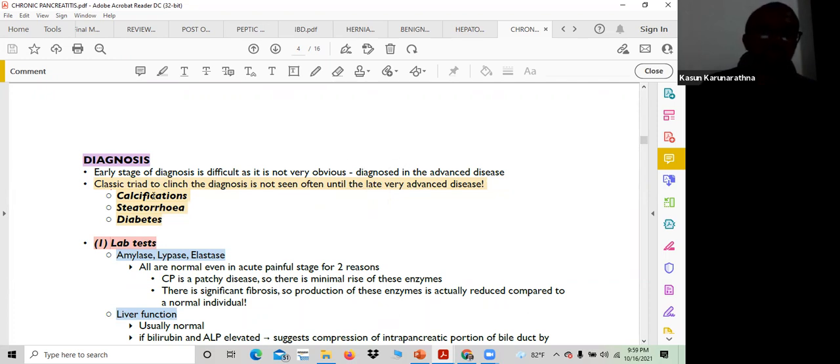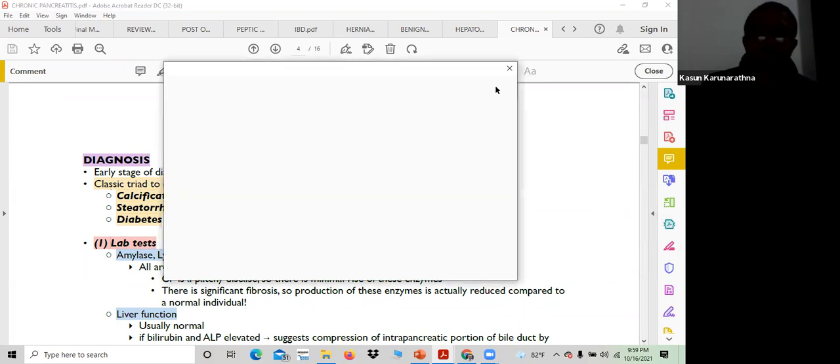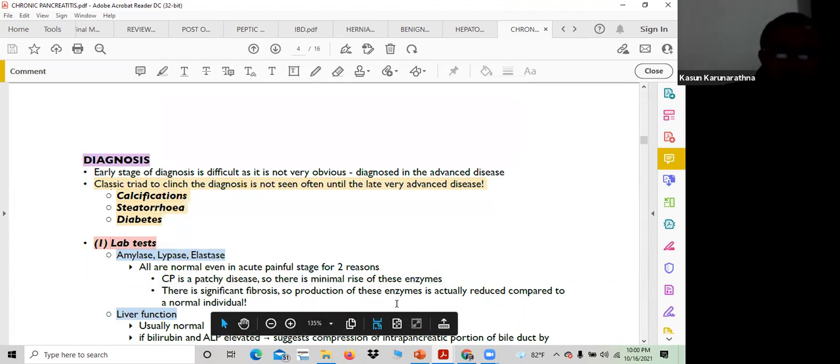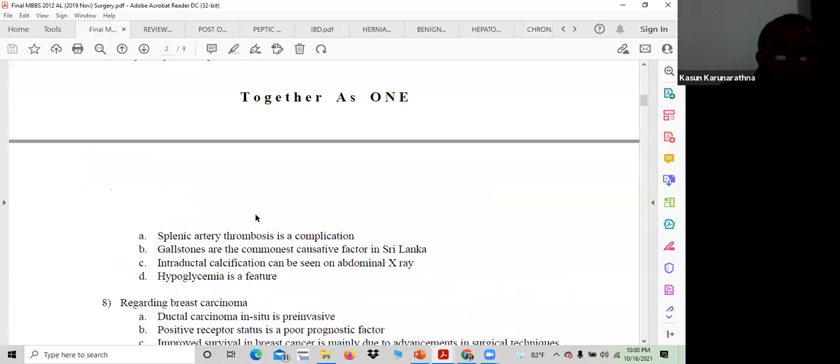In the advanced setup you will see this triad. If you do an abdomen X-ray, you will see these calcifications clearly in chronic pancreatitis.